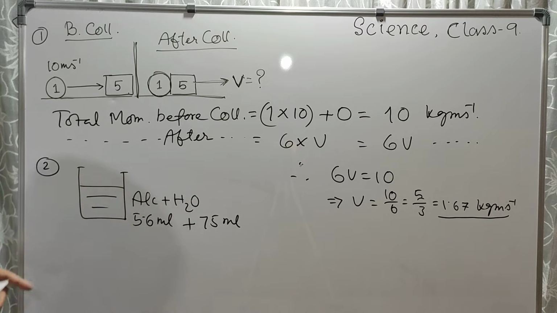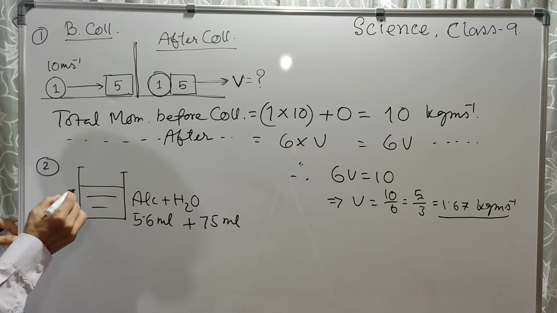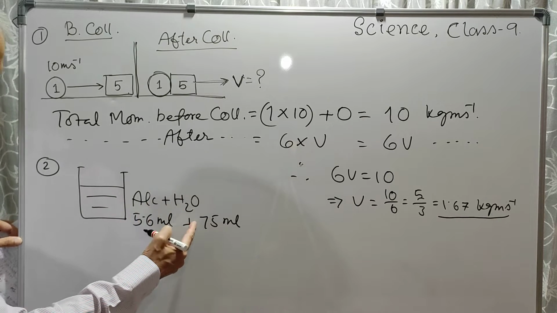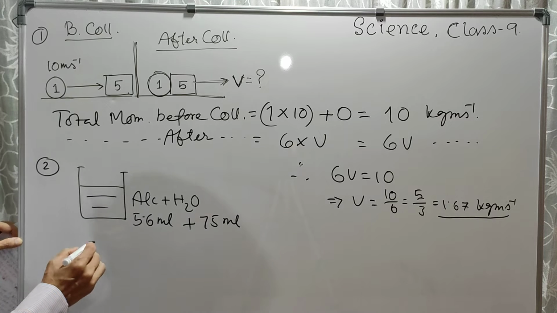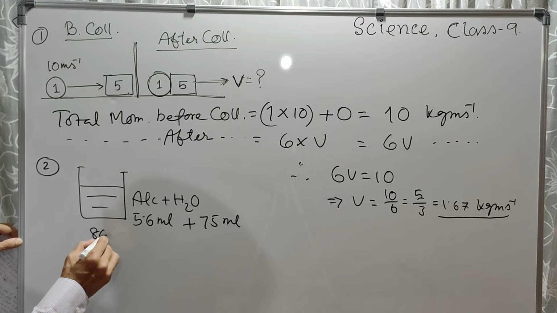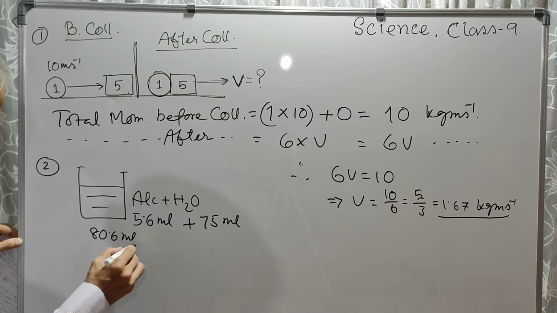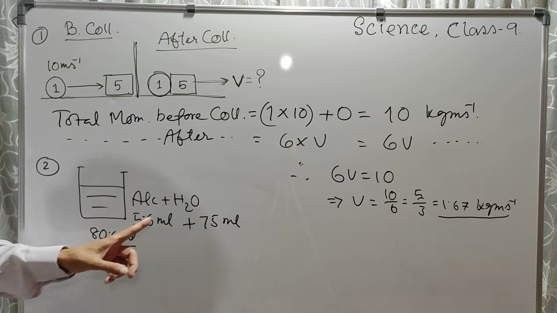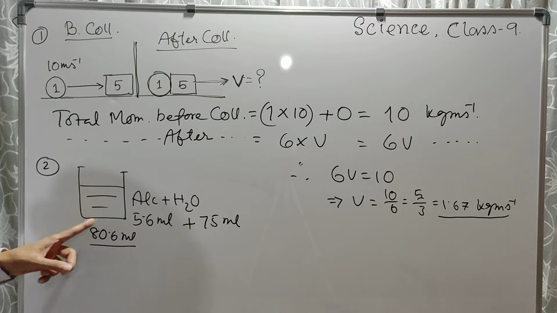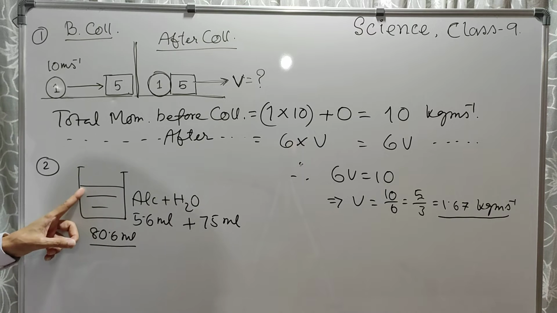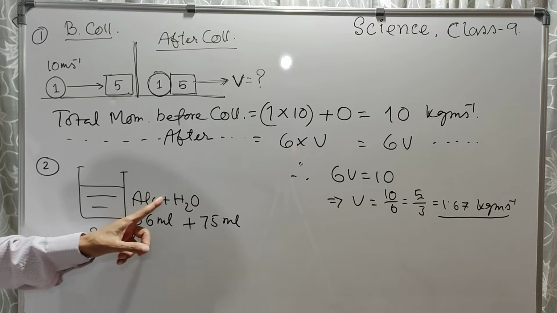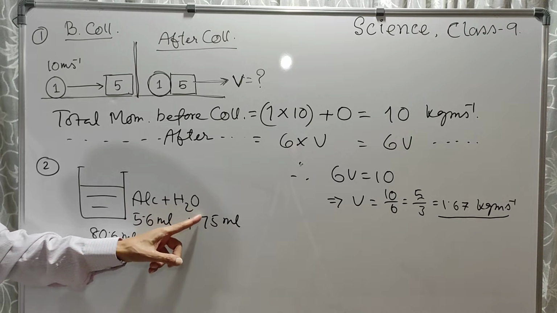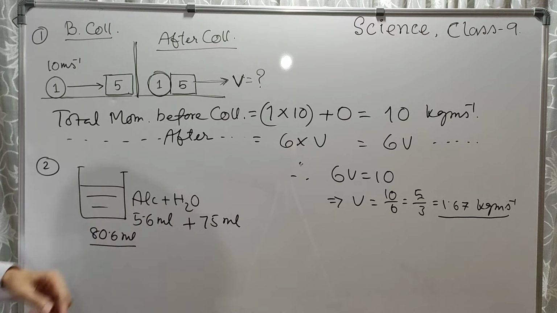So therefore total volume of this solution will be how much? Add these two, that is 80.6 ml. So 75 plus 5.6, that is 80.6 ml is the total volume of the solution, which contains alcohol and water in this amount, 75 ml water and 5.6 ml alcohol.